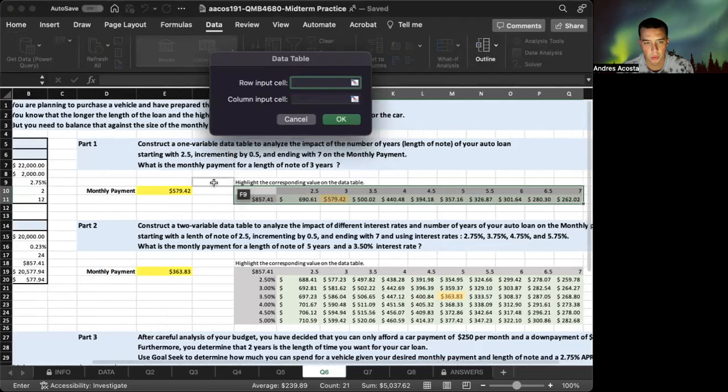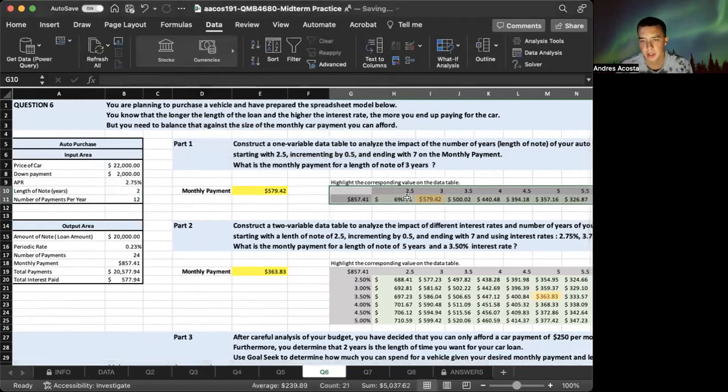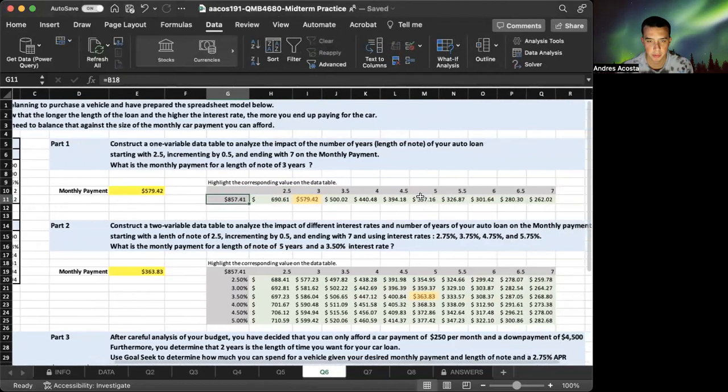The row input would be the length of note, which is 2 years. So we click here, click OK, and bam, it completes the table for us.